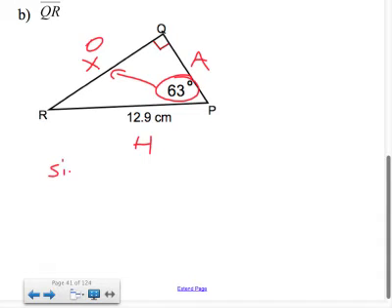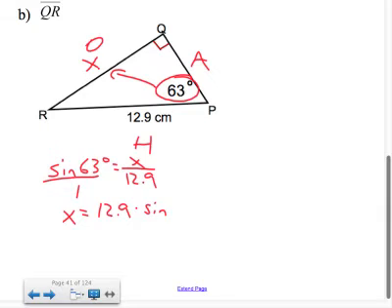So sine of 63 degrees equals opposite over hypotenuse. Again, put this over 1, cross multiply. X equals 12.9 times sine 63 degrees. That would be our exact answer, but it says to round to the nearest hundredth, so 12.9 times sine 63, and that leaves us with roughly 11.49 centimeters.